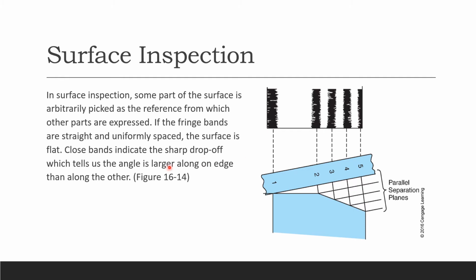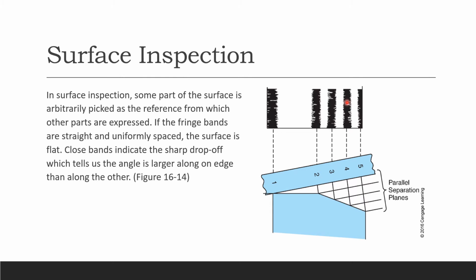Okay, surface inspection. In surface inspection, some part of the surface is arbitrarily picked as a reference from which other parts are expressed. So if the fringe bands are straight and uniformly spaced, the surface is flat. Closed bands like this, when you look at it, are not uniformly spaced. This is wide, and then right here you have closed bands.